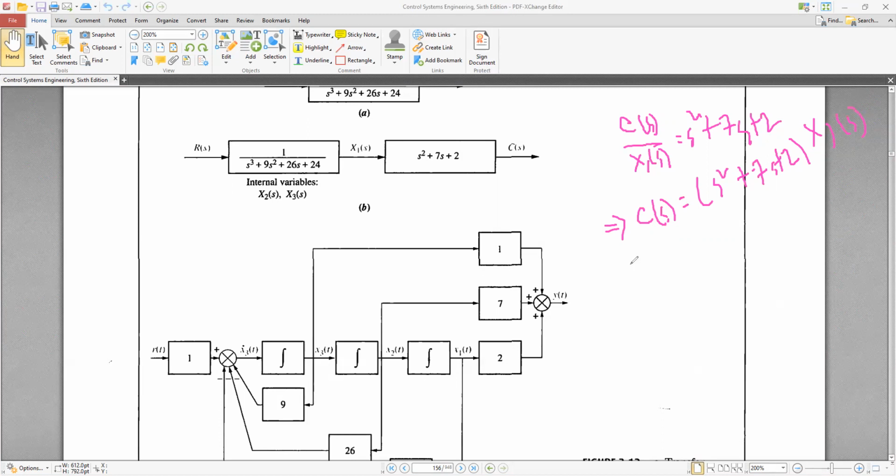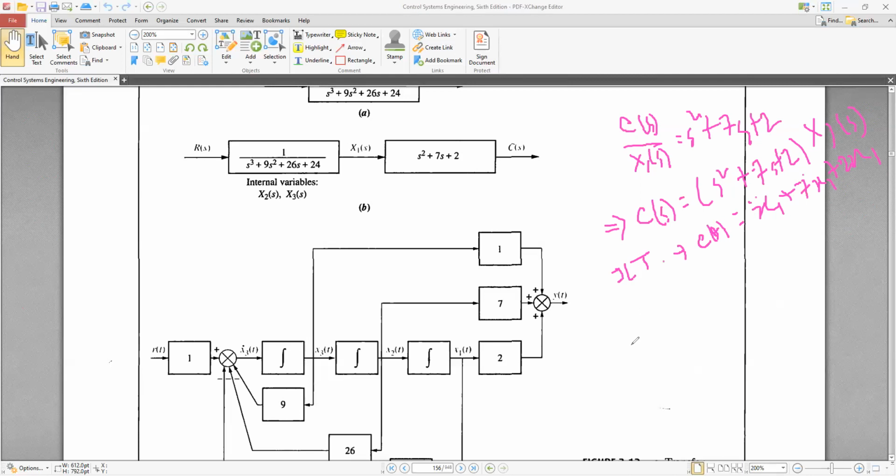Okay, now if I take the inverse Laplace transform for this one, it would be C(t) s square. That means x1 double dot plus 7 x1 dot plus 2 x1.